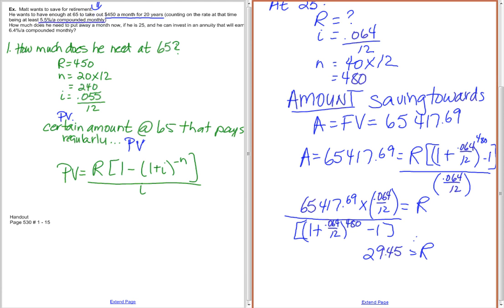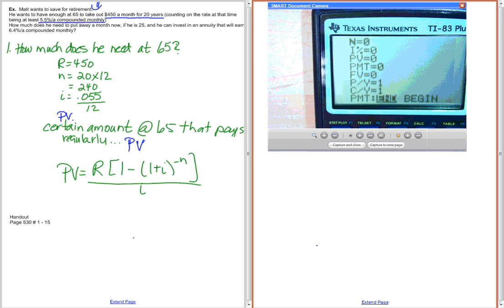Let's have a look at the graphing calculators, make sure we come up with the same numbers. Okay, let's verify that the amount that Matt needs at 65 years of age is in fact the 65,000. So we want to figure out how much he needs at the age of 65. Regular payments that he wants are $450. Those are payments to him, so that would be positive $450.